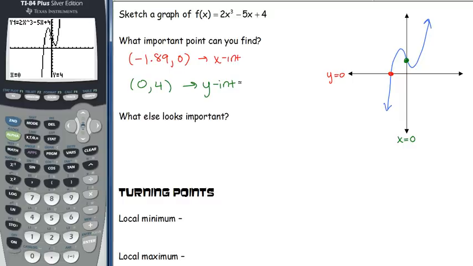Now if I just had those 2 points on my graph, I would not be able to sketch my graph without looking at the calculator. So there's a couple other important points that we want to look at. And those important points are our turning points. Our turning points are going to help us describe the graph shape.